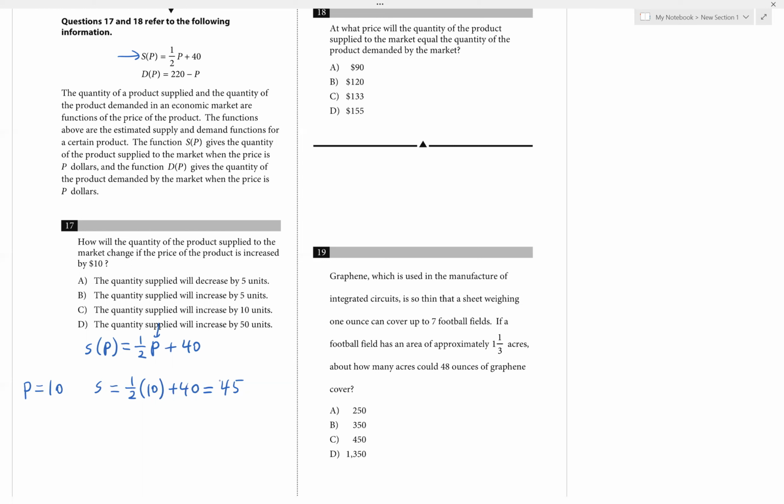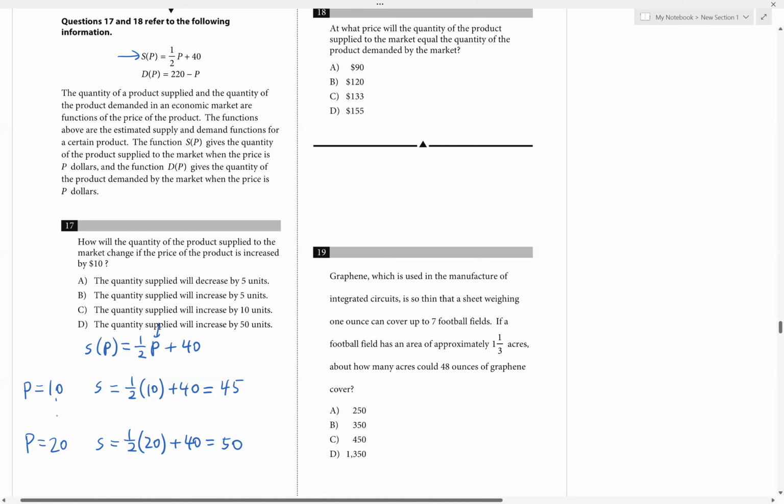All right. And we can pick another number, since we want to know what happens when P increases by 10. So let's pick P equal to 20. That's an increase of $10. So the supply will be 1/2 times 20 plus 40, which is half of 20 is 10, plus 40 is 50. So the price is $20 and the total supply is 50.